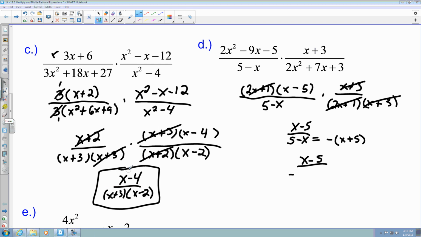Oops. Needed the eraser. Alright. x minus 5. I'm sorry, I wrote that incorrectly.